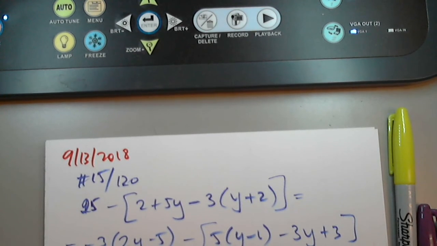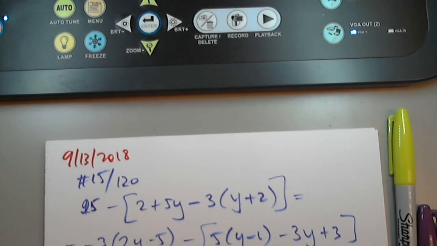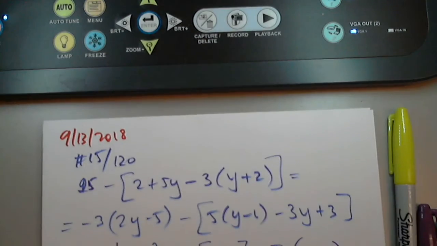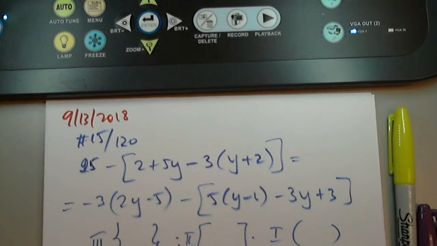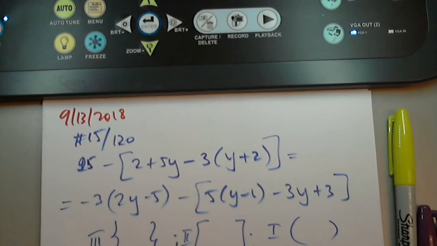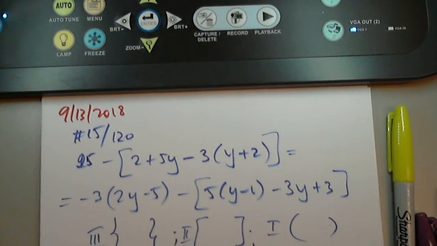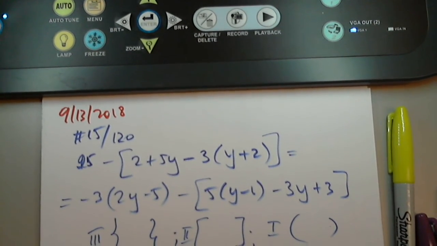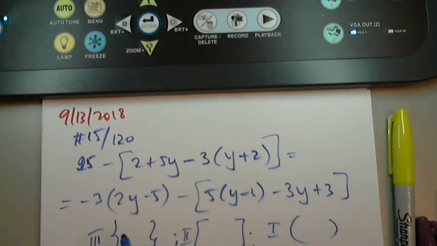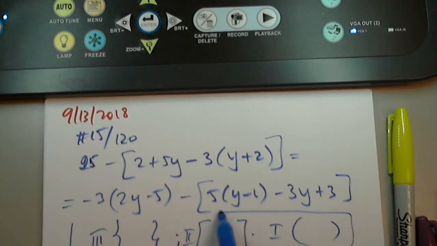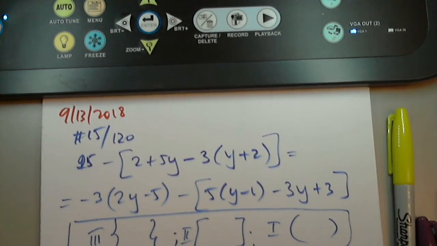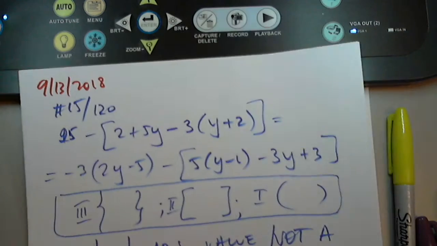Now, I also want to mention the absolute value. We discussed last time, we looked at the absolute value function, and we graphed one. So this is the absolute value, which is not a grouping symbol. These are grouping symbols, but the absolute value is not.